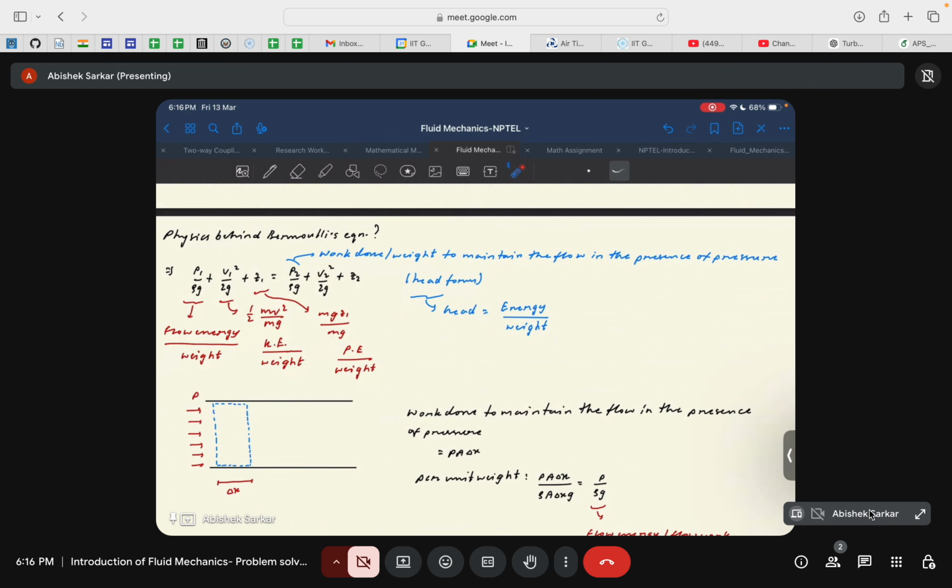And Bernoulli's equation, in fact, is in a way the equation of energy conservation for flows which satisfy the given four assumptions: the flow has to be inviscid, steady, the density has to be constant, and it has to be along a streamline, okay. And these three terms, as you can see here, represent the respective energy contributions, okay.